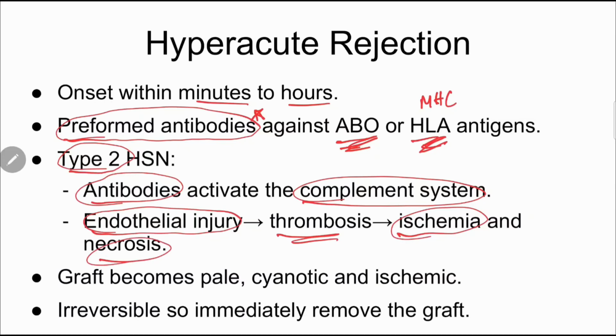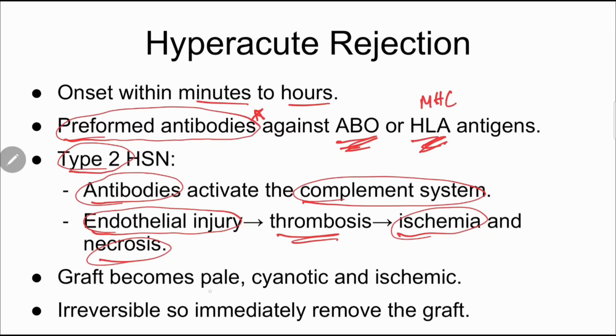One of the most classical presentations that I have seen is that they will talk about a kidney transplant operation. As soon as they transplant the kidney and attach the vessels, within minutes the blood pressure starts going down. The patient is getting hypotensive, and along with that the kidney is starting to get damaged.